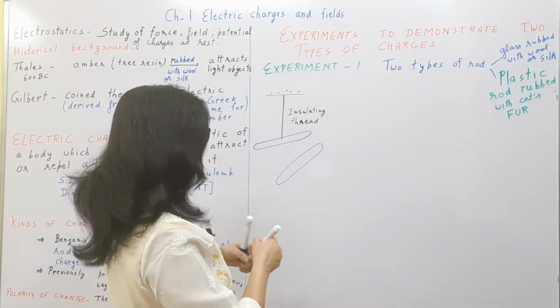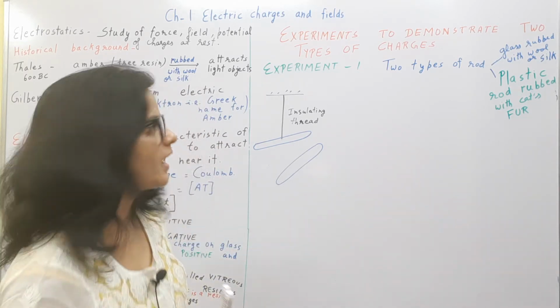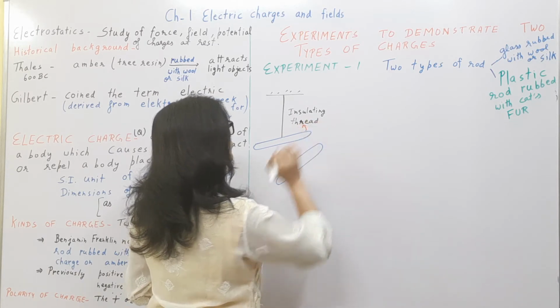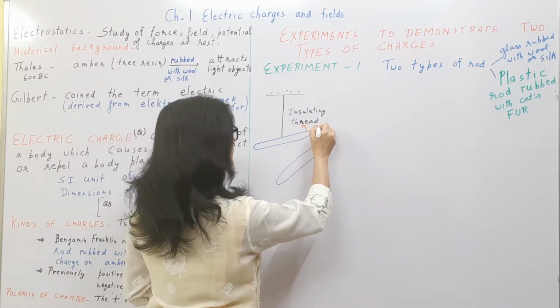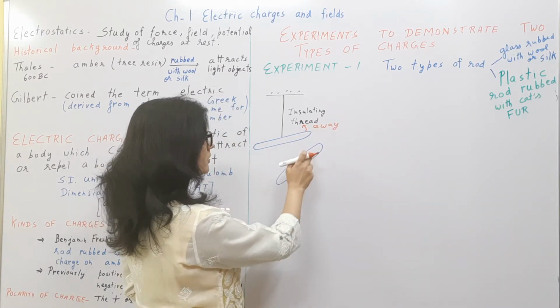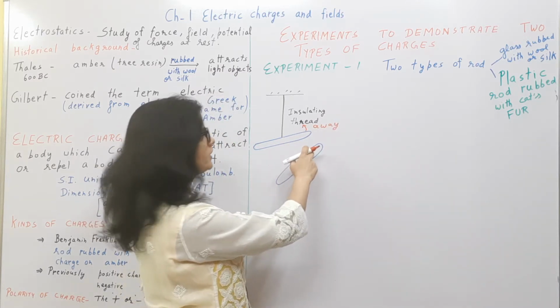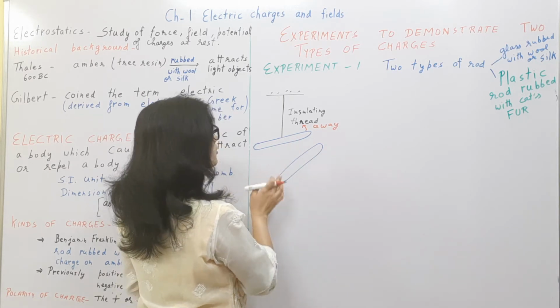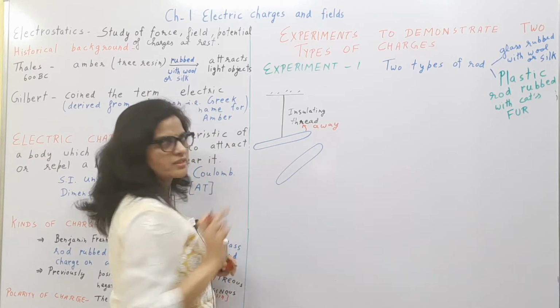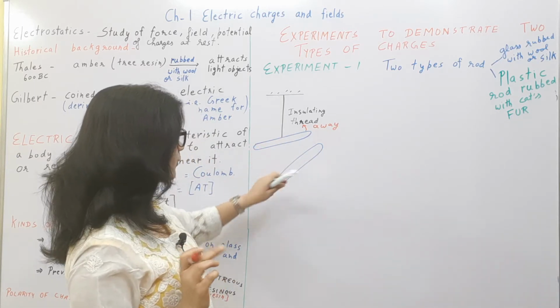It was observed that this glass rod tries to move away from the other glass rod which is rubbed with wool or silk, right? So this shows there is a repulsion. I'll tell you later what kind of charges are developed over here.